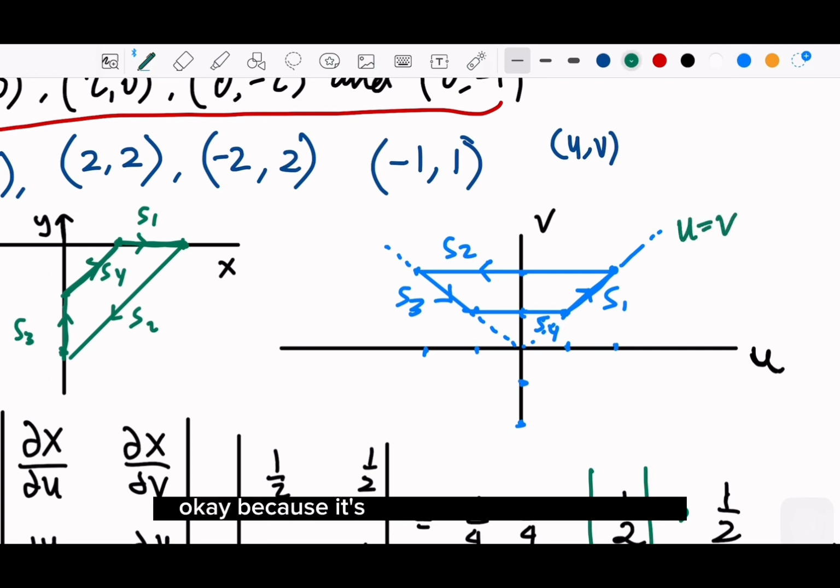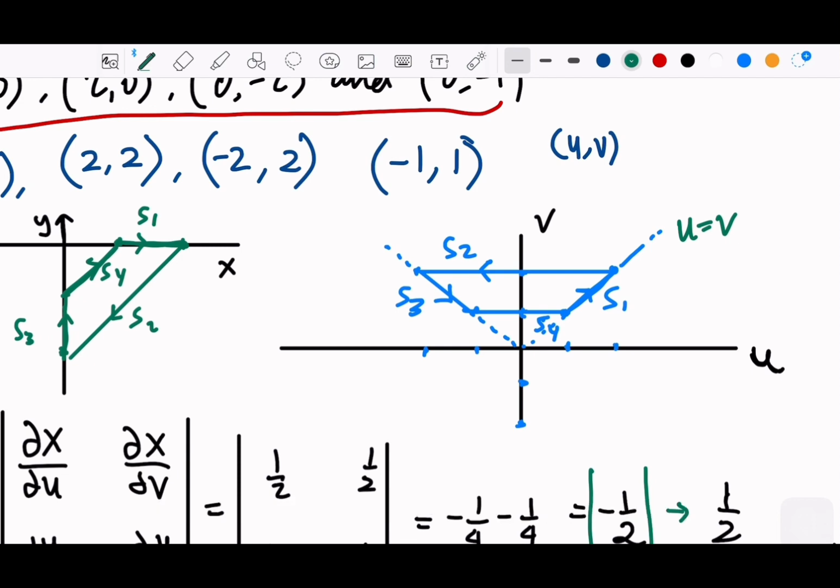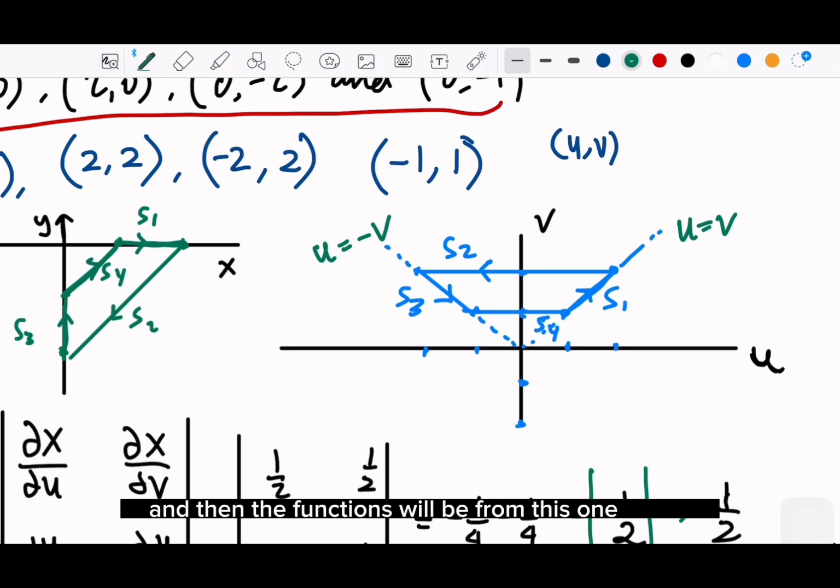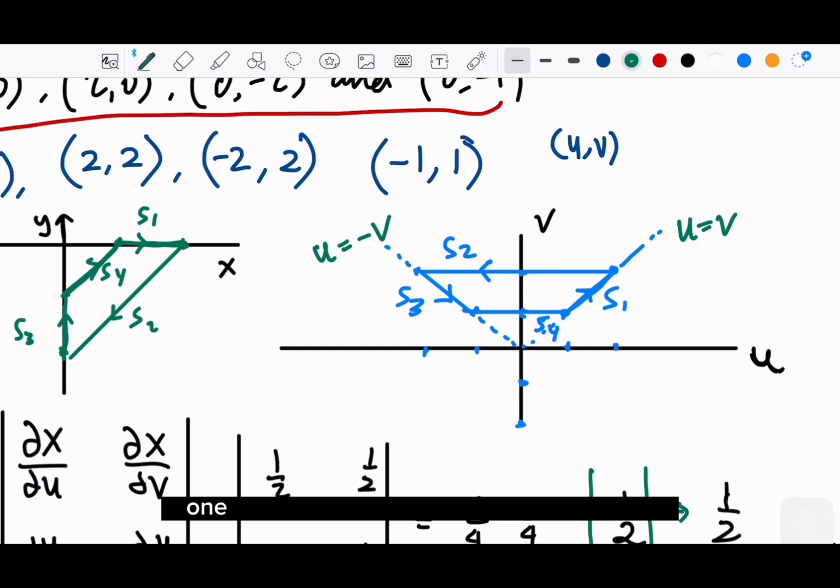Because it's 1, 1, 2, 2, and the other one is u is negative v. Okay. So we can take the constant as v, because it's easy to find from this part goes here, right? And then the functions will be from this one to this one.